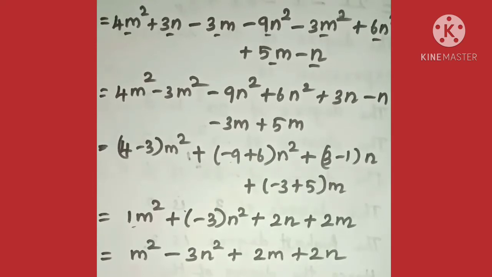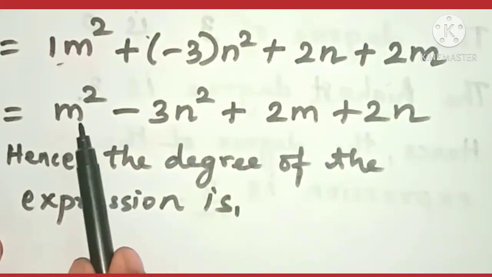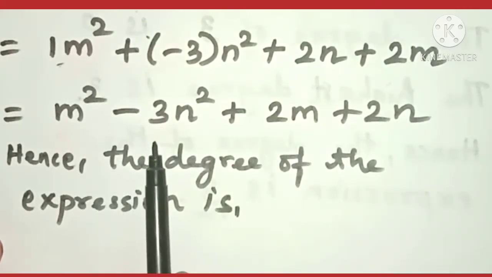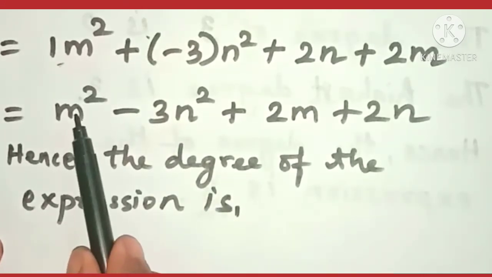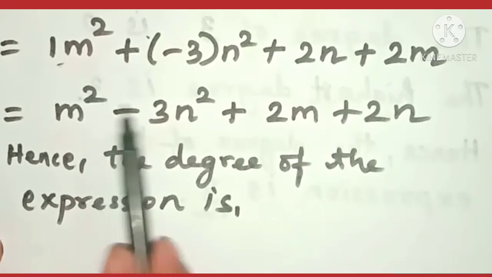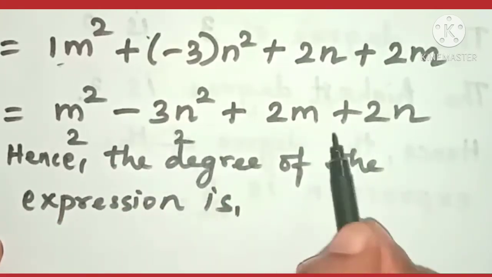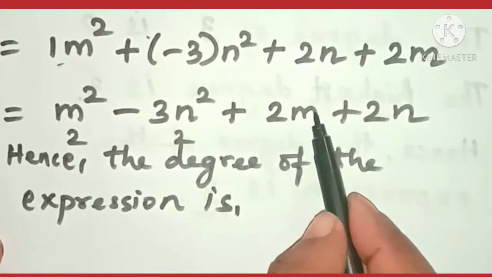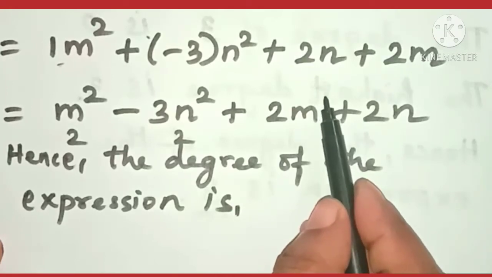So here the required expression is in standard form. So now we need to find the degree of the expression. The highest degree of the terms will be the degree of the expression. So here the degree of m square is 2, and here the degree of n square is 2, and here the degree of 2m, there is no number in the power, so it is considered as 1.